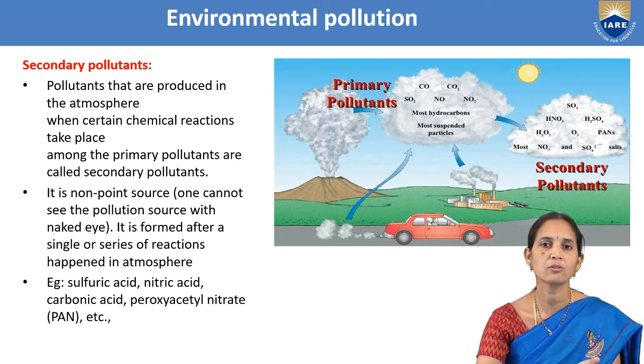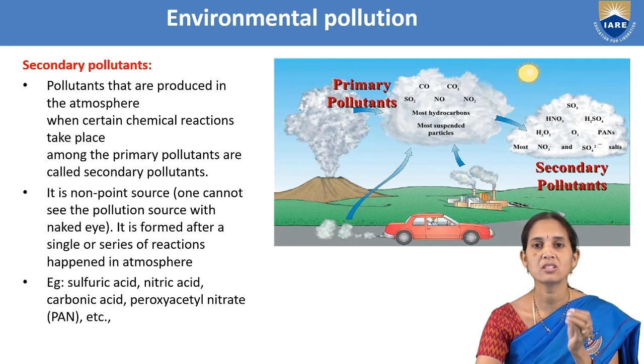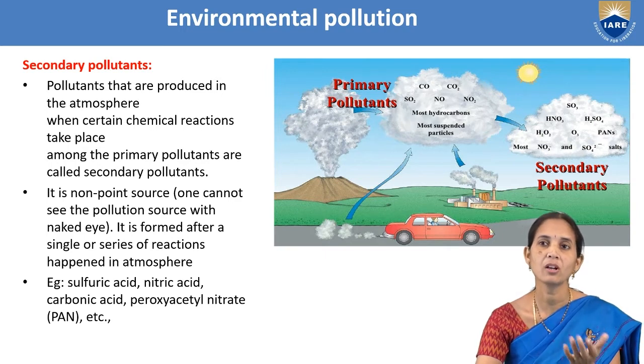So the gases evolved from the industries react with the gases present in the atmosphere, and that leads to the secondary pollutants. Due to the presence of these secondary pollutants also, it leads to air pollution.